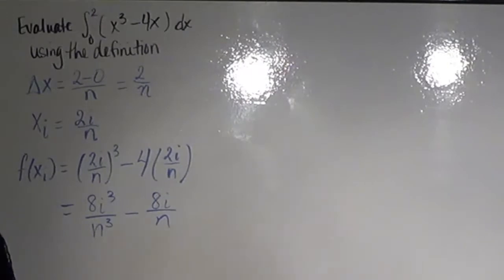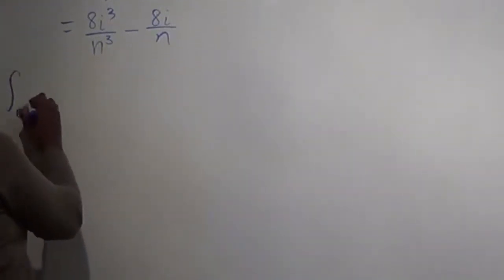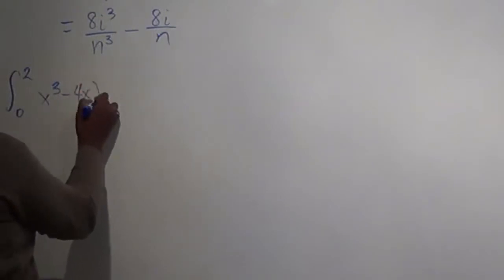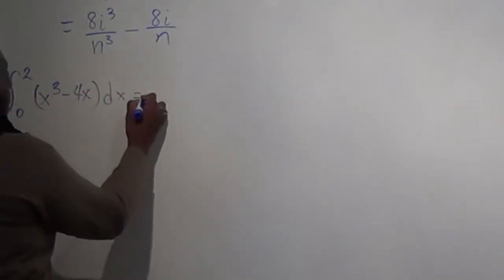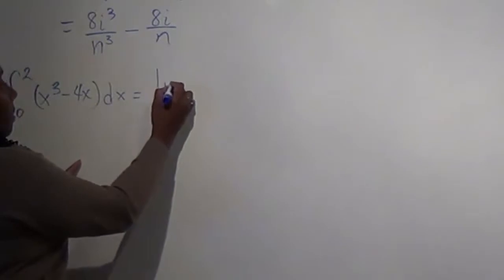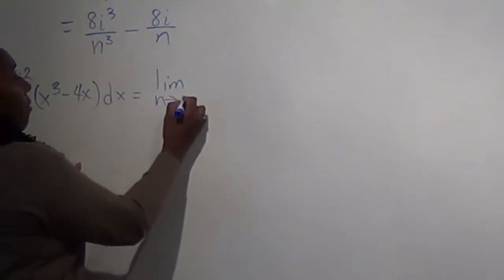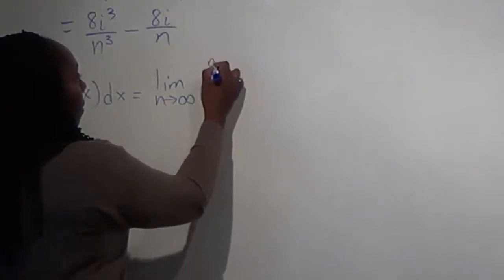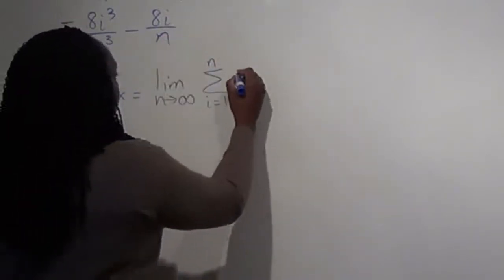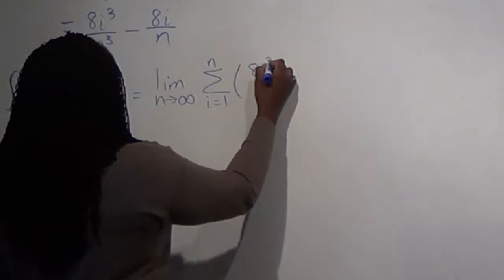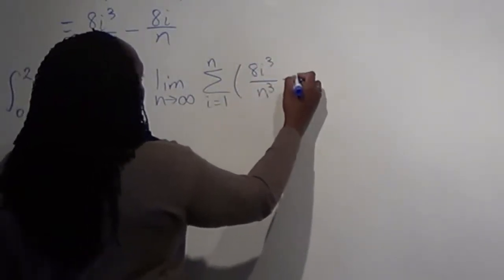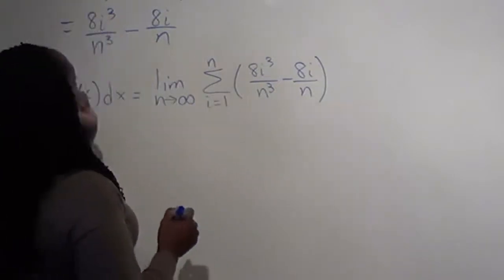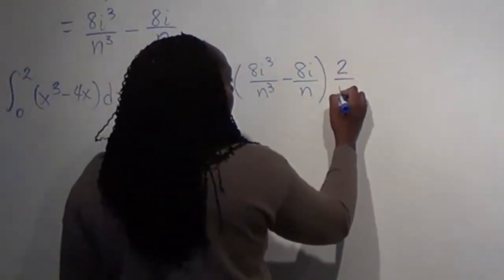So here, my integral from 0 to 2 of x cubed minus 4x dx is going to look like the limit as n goes to infinity of the sum, i equals 1 to n, of my function times my delta x.